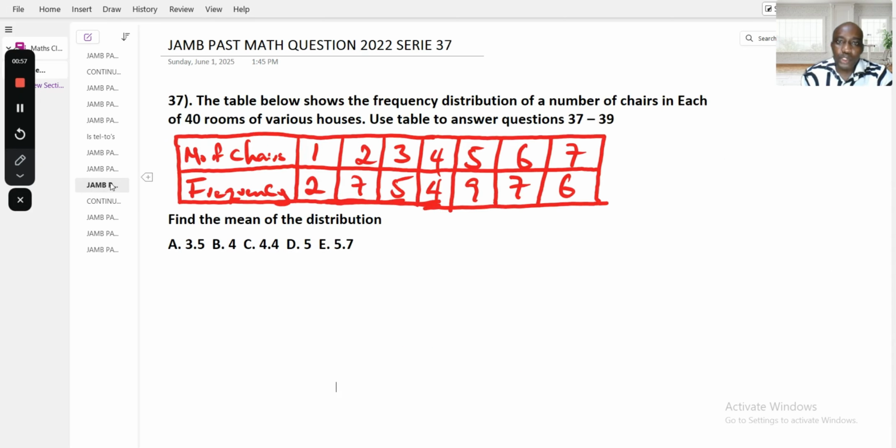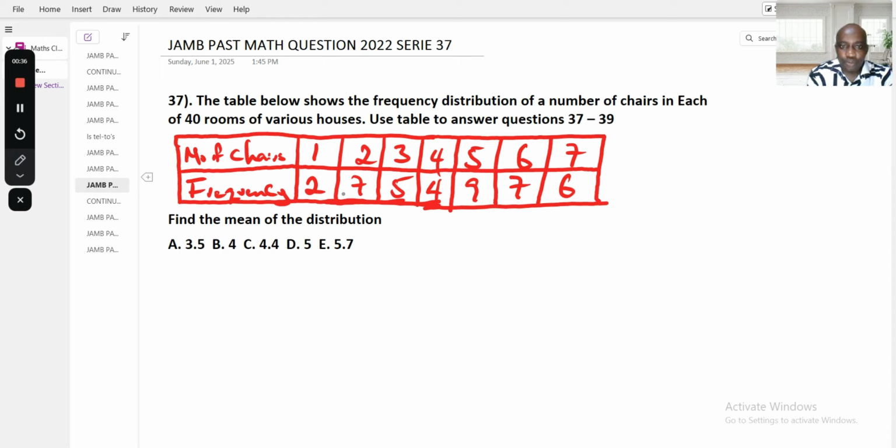The table below shows the frequency distribution of the number of shares in each class in each of 40 rooms of various houses. Use the table for questions 37 to 39. This is the number of shares that we have in a room of what? They say 40 rooms of various houses.